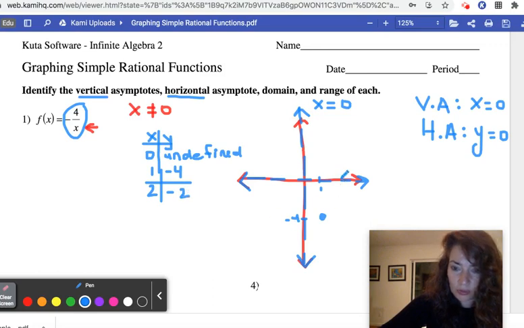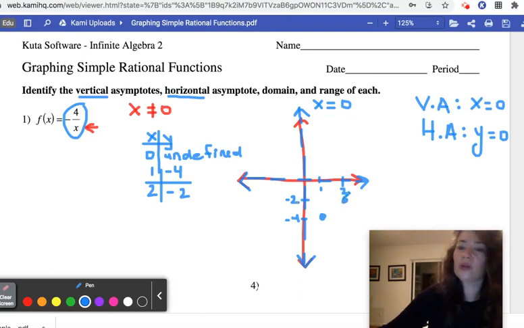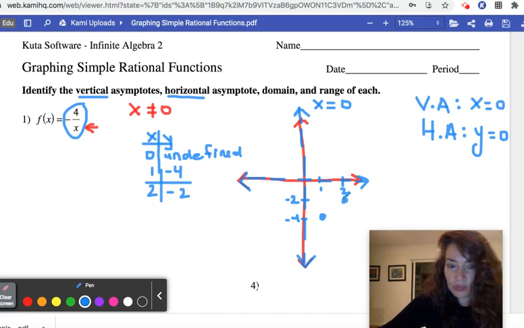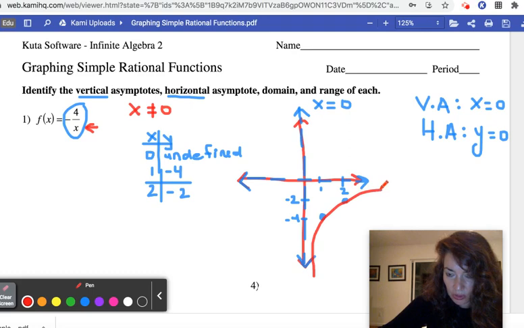So I'm going to put a little point when x is 2, y is negative 2. So let's say y negative 2 is somewhere here. So we will end up with a point over here. Now, if you notice from when we did the Desmos activity, this is going to be a curve that's going to go through these 2 points and approach our asymptote. So it's going to look something like this.